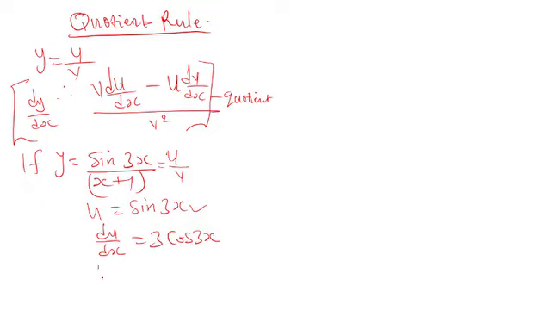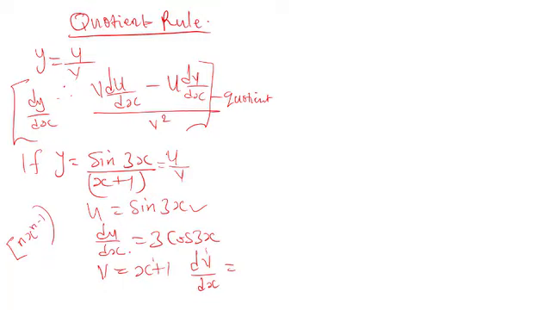Now our value of v is x plus 1. The value of our dv dx, when you differentiate this, remember it's raised to power 1. Let's apply the rule of differentiation. Always note it at the corner: the rule of differentiation is n x to the power n minus 1. This will just serve as a guideline. So let's apply it here.